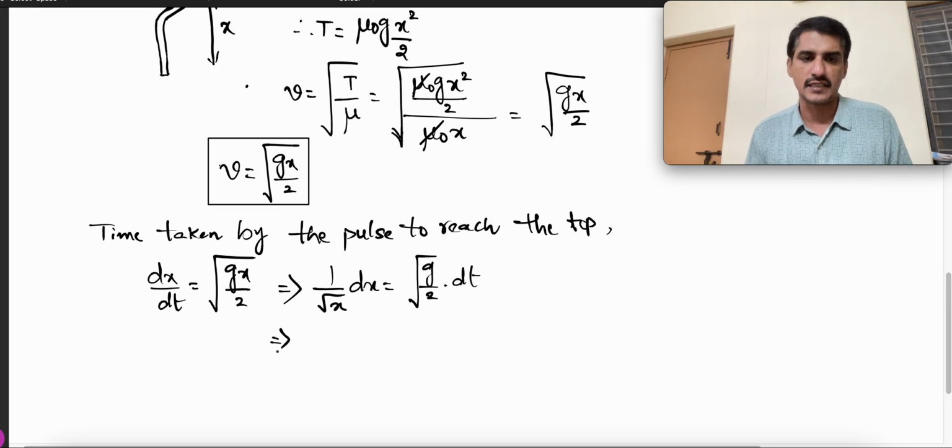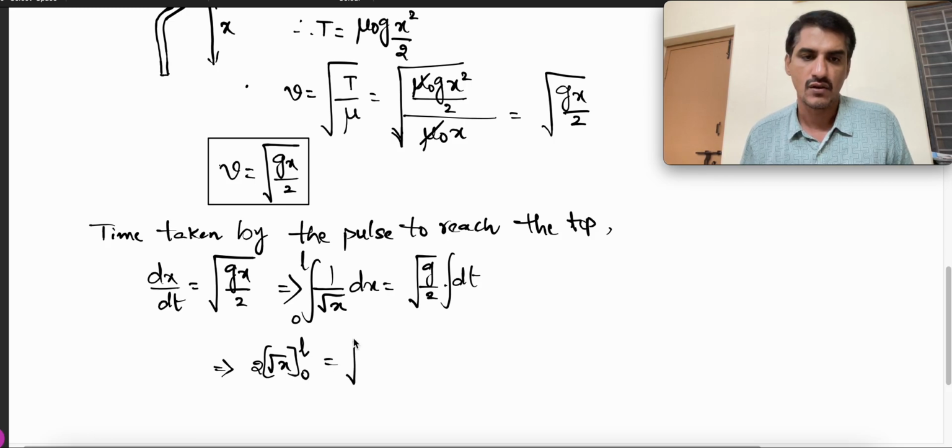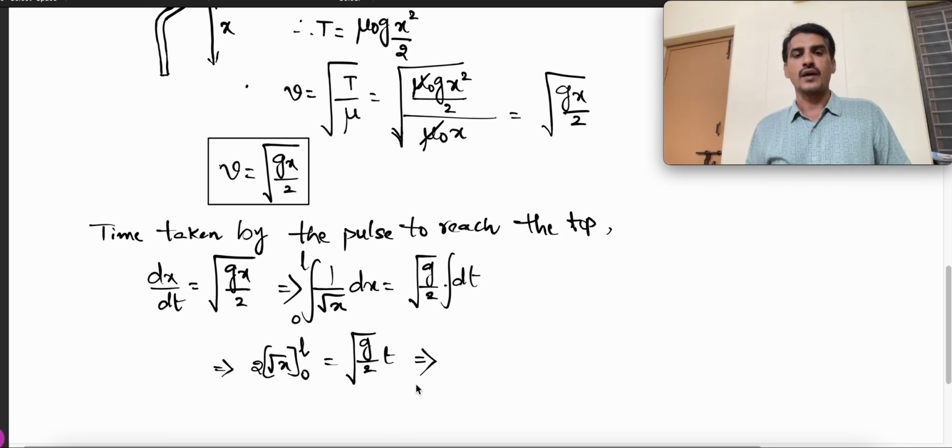Now integrating on both sides. And now let us apply the limits, because it is crossing the entire length of the rope, right? 0 to L. Okay, now. So 1 by root x dx means what? 2 root x, limits are from 0 to L, which is equal to root of g by 2 into t, because integration of dt is t.